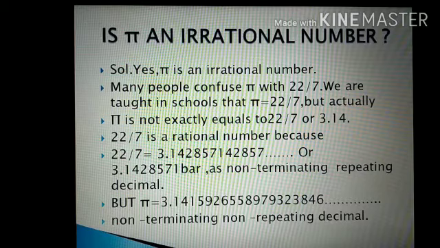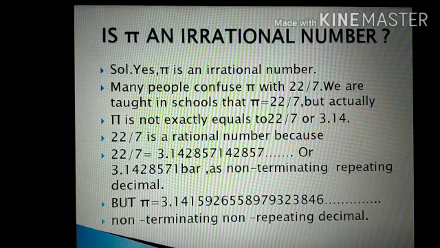Now children, 22 by 7 is a rational number because if we divide 22 by 7, we will get 3.1428571 repeating, which we can write with a bar. This type of decimal representation is known as non-terminating repeating decimal. So this is a rational number.